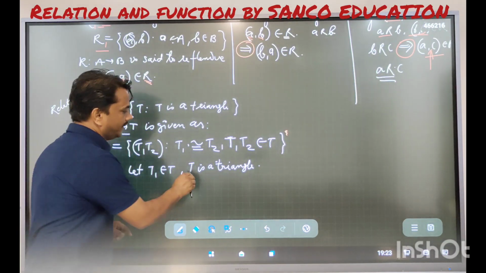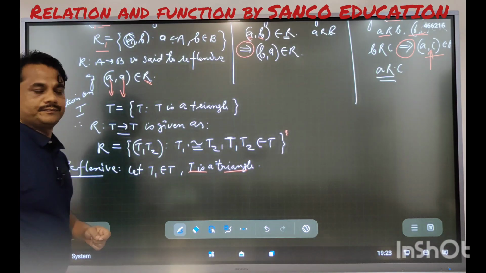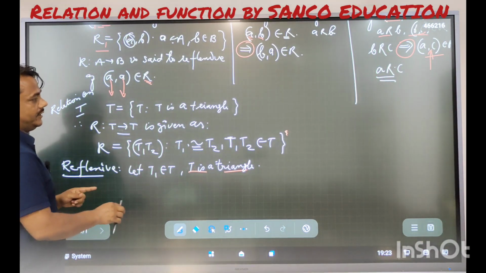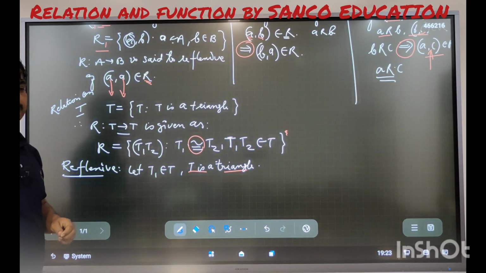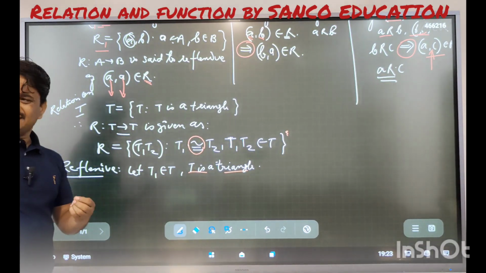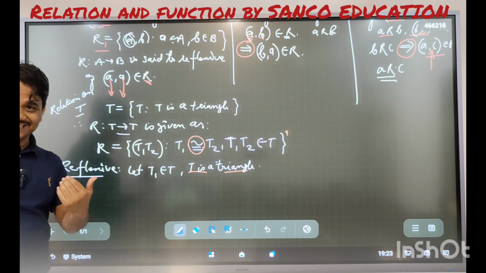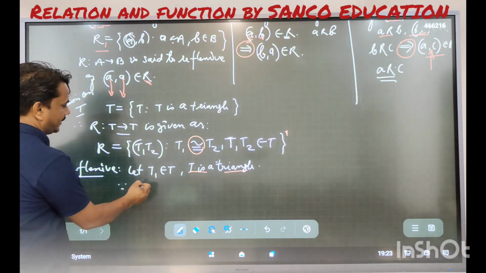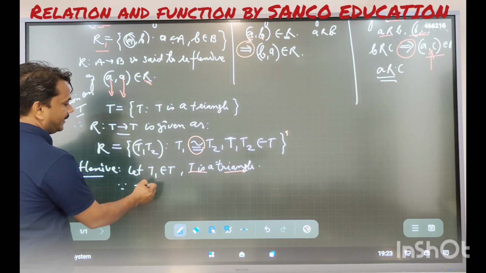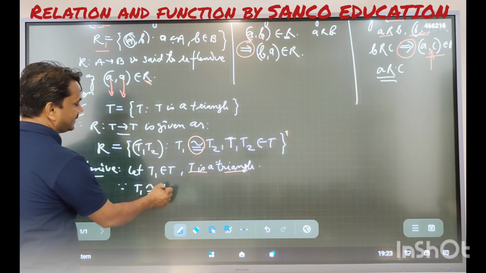So we have to prove reflexivity. What is the relation actually? The relationship is congruency. So is a triangle congruent to itself? Yes. Here you will write, since triangle T1 is congruent to itself.